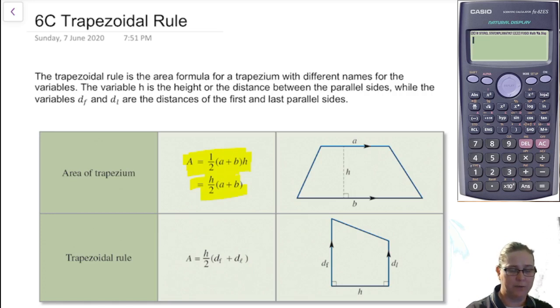So we still have our height, which is the perpendicular height. And then instead of having a plus b, we now have the first distance and the second distance, or the last distance.